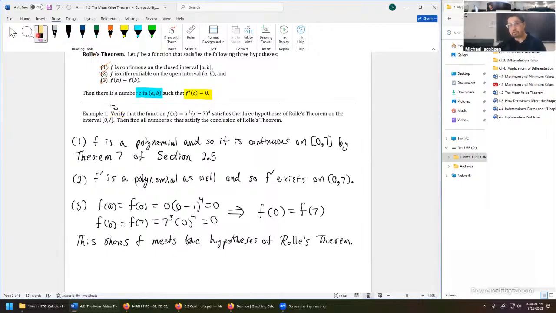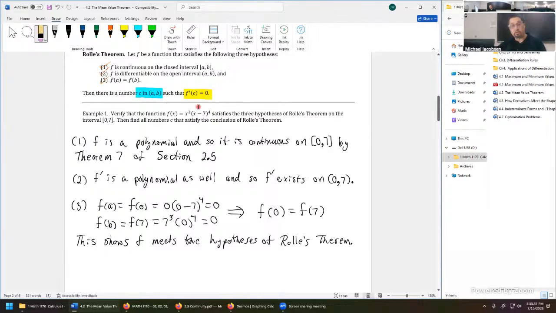The first step we did, and we'll have to do this on the homework as well, was verify that our function, a factored form of a polynomial of degree 7, is continuous. We saw in section 2.5 that polynomials are continuous on the entire real number line, so if we restrict to the closed interval [0, 7], it's still continuous there. If we differentiate it, we still get a polynomial, and the derivative of a polynomial exists at all real numbers, so it also exists on (0, 7), which verified hypothesis 2.